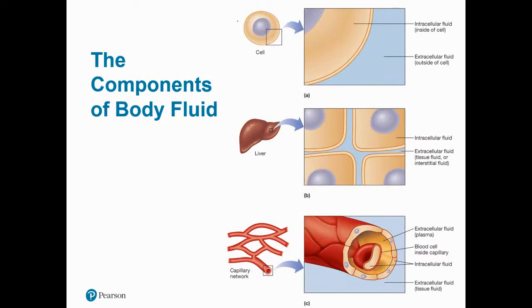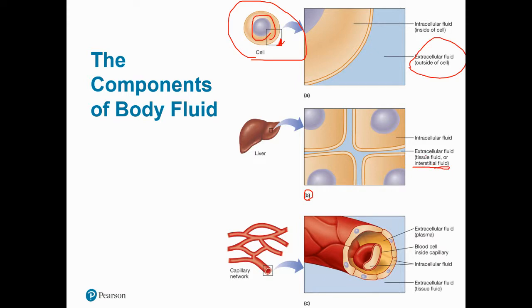This might have been helpful to have that whole time. So here's the visual representation of intracellular versus extracellular. If this is a cell, anything that's inside of the cell is intracellular, and anything that's in the space outside of the cell is extracellular. And then letter B is showing us interstitial fluid.